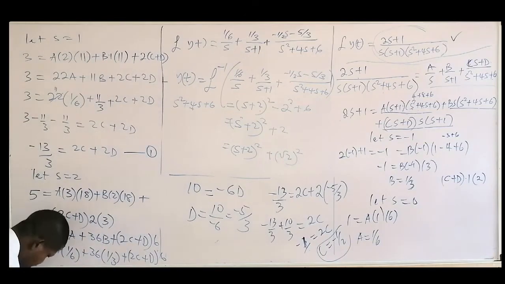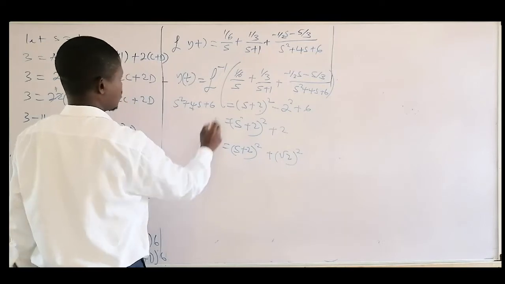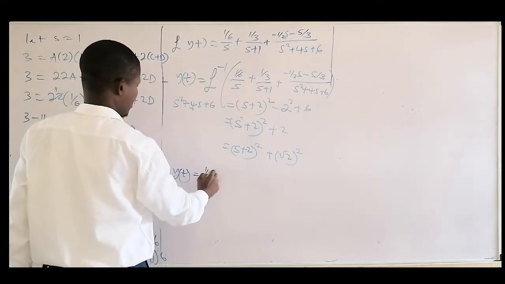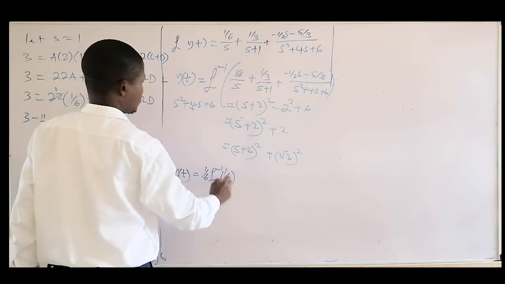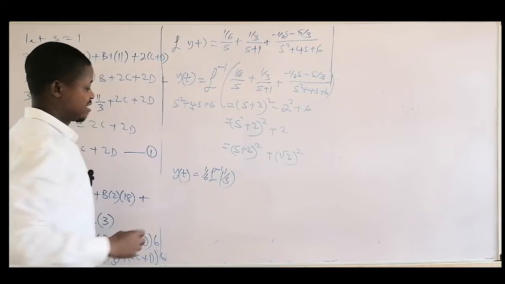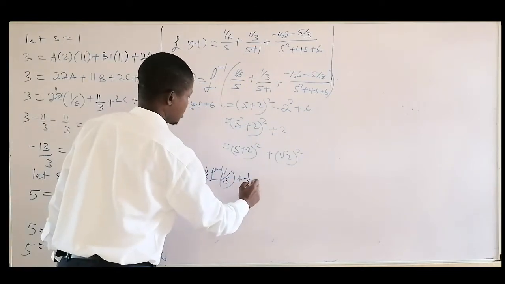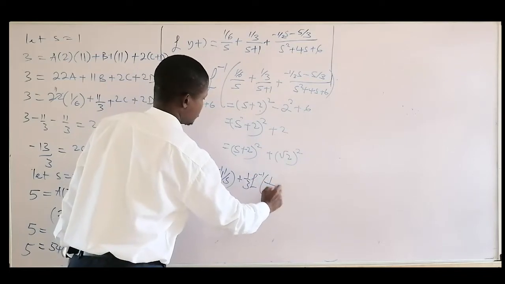Okay, so we now have y of t equal to inverse of this, that will equal to 1 over 6 inverse Laplace of half, 1 over s. 1 over 6 can be taken out of that, so then plus 1 over 3 inverse of 1 over s plus 1.